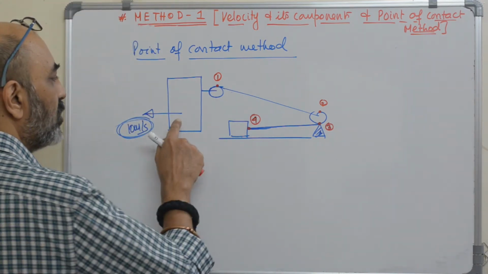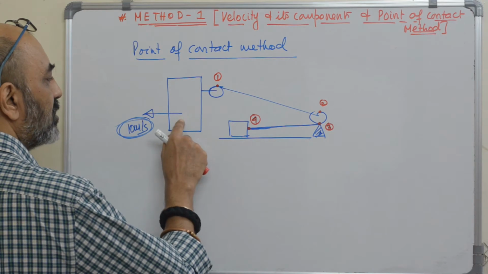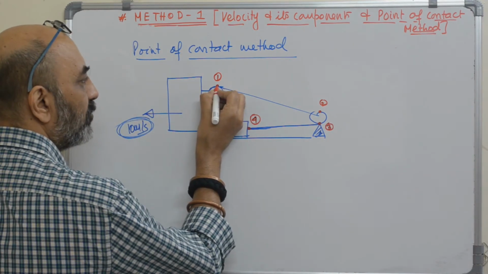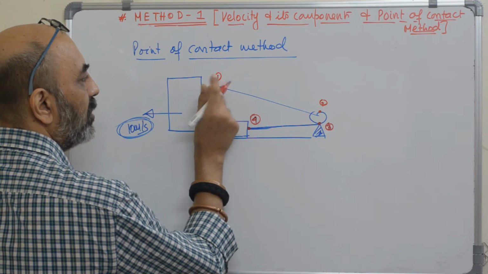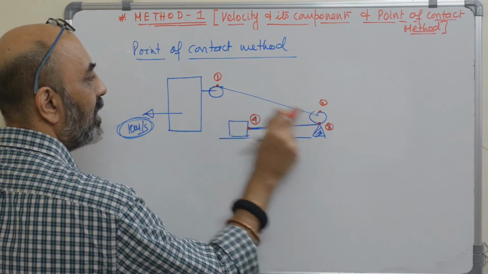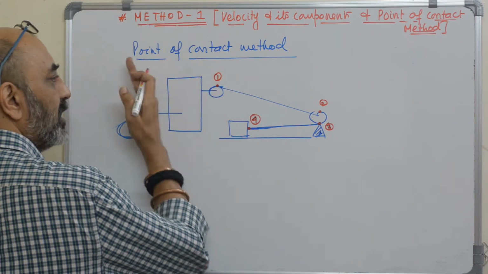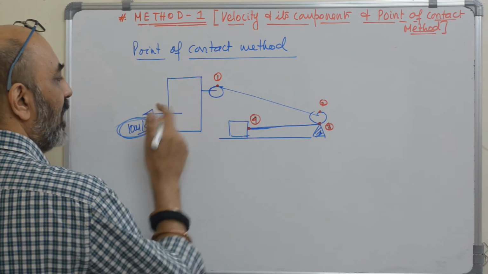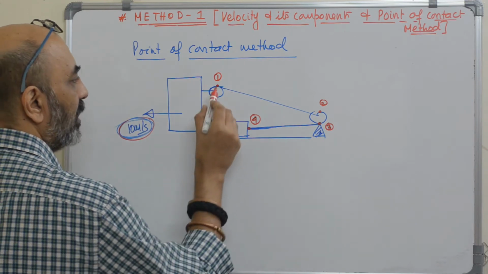So this point over here is moving in that direction with a speed of 10 meter per second. Is this point of contact increasing or decreasing the length, because it is moving in that direction? This point of contact is increasing the length with the speed of 10 meter per second.